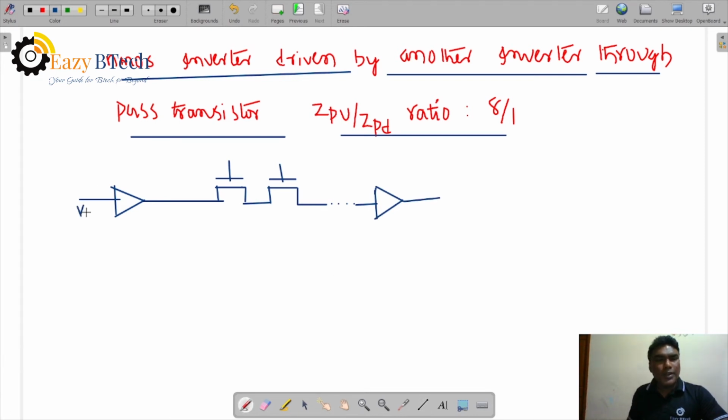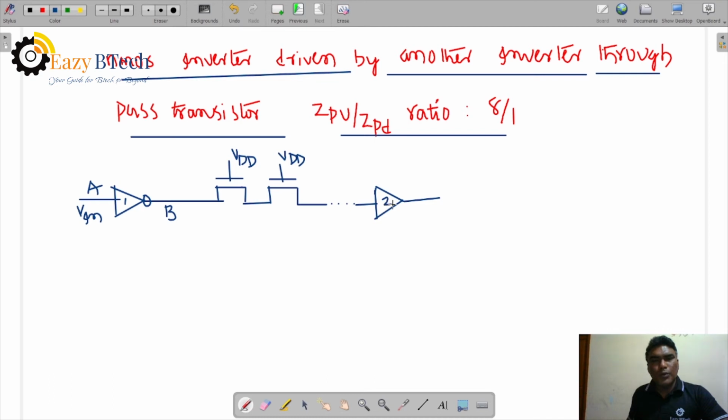Now this is the V in we are applying. Let us call this point A, the output of the first inverter, and this one is B. The pass transistor input is VDD or 5 volts that we are applying.